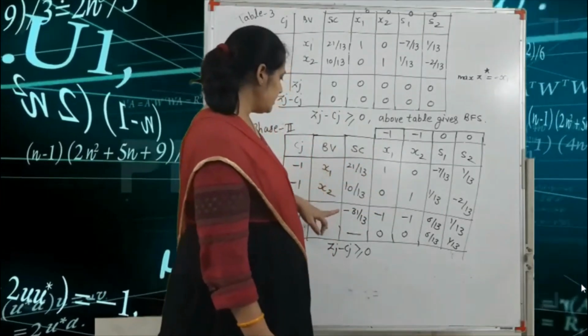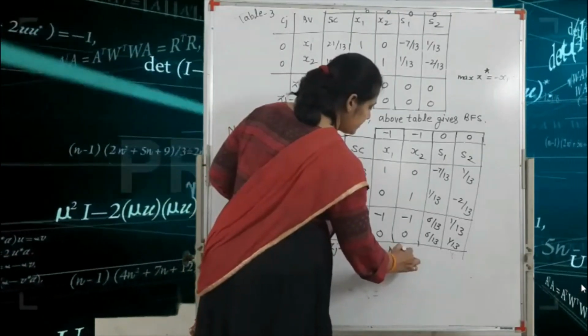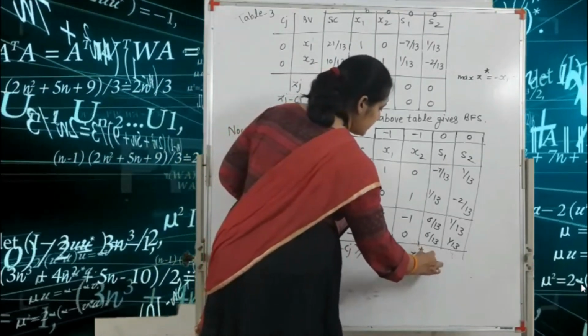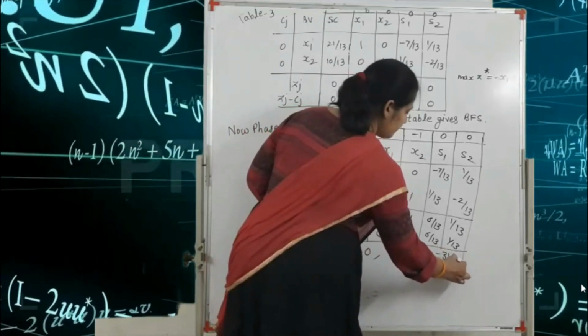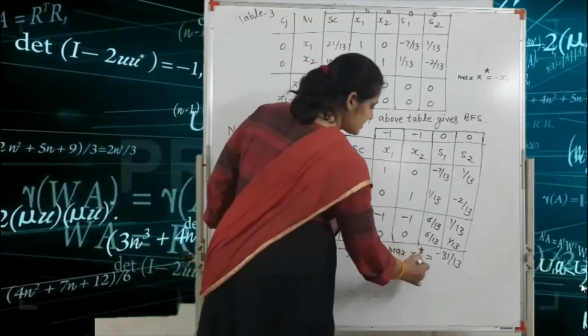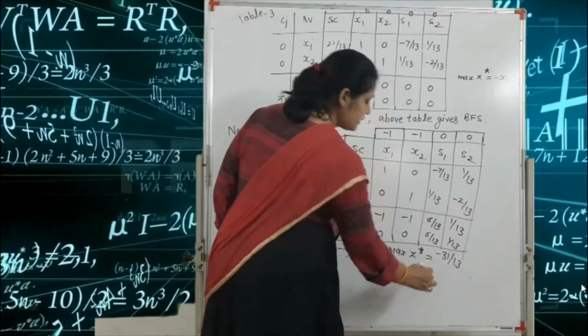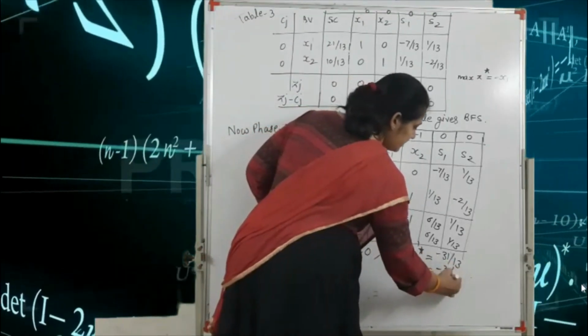Okay, so here z, that means the maximized z star, is equal to minus 31 by 13. Got it? Here z star is equal to minus z, so minus 31 by 13.